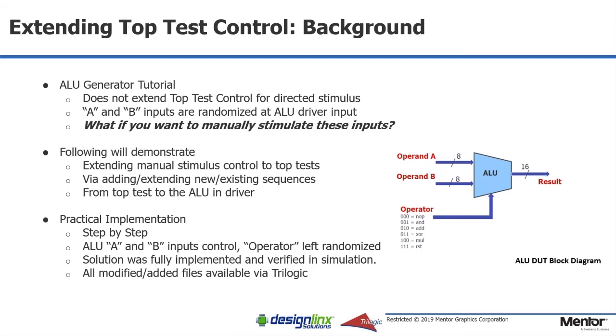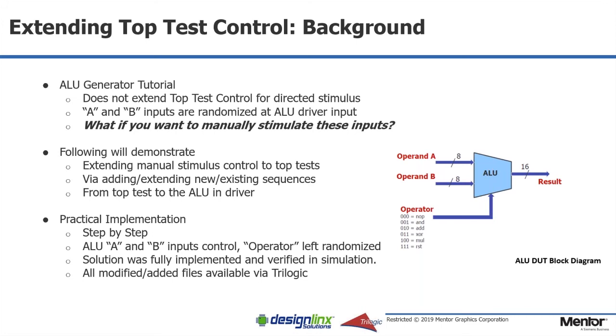The reason why we're not able to do that initially out of the code generator is because, as I said, it doesn't know how to do that. It doesn't know that you actually want to manually stimulate it. Plus, in this particular example, the A and B inputs are randomized further downstream, just at the input of the ALU driver input. So I'll show you how to extend manual stimulus control to the top tests.